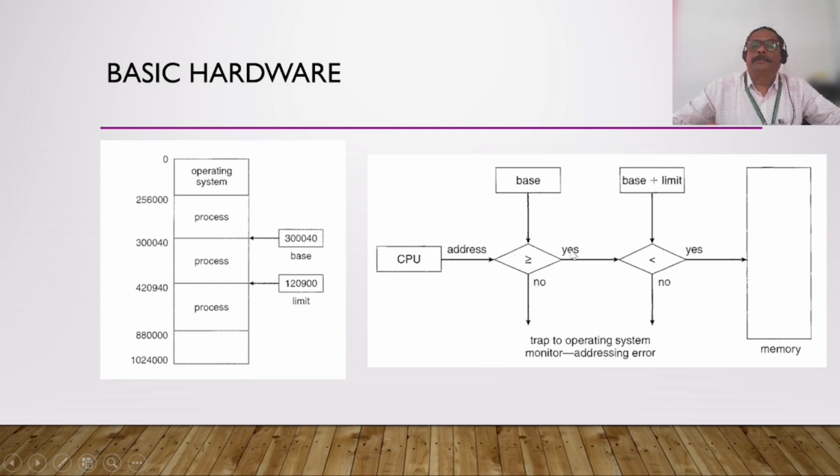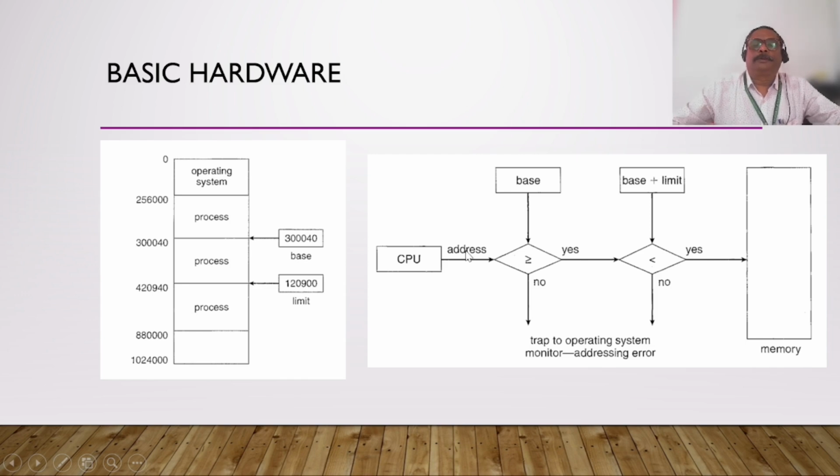So yes means it is above this, and here yes means it is below this, and both yes means it is between these two endpoints. That is the address block allocated for this particular process. Only then you allow the memory to be accessed. So that is the logic used for accessing, and here we are working with an absolute address.